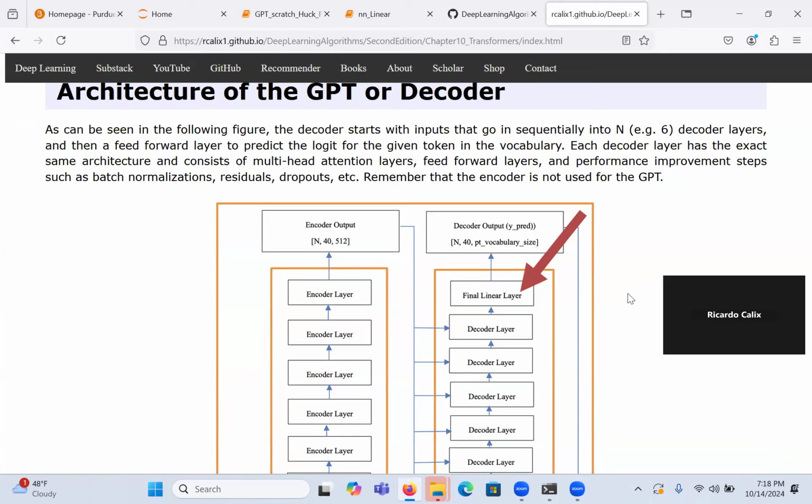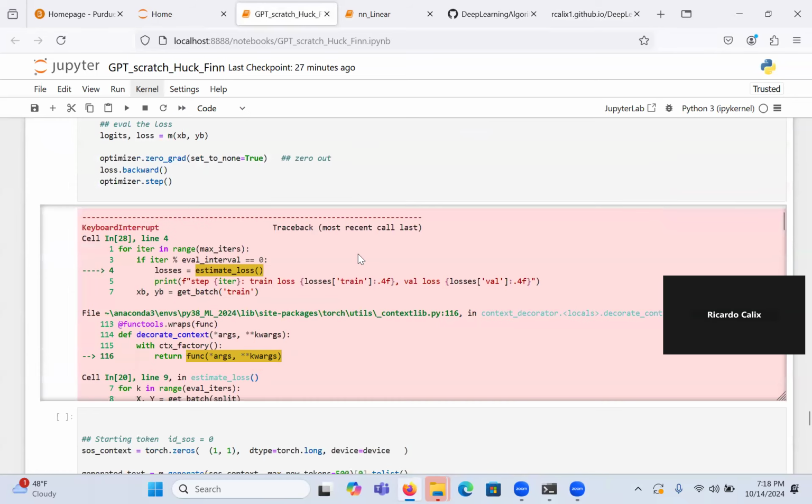So n by 3 by 512 goes in, and out comes n by 3 by 512, and that's basically how it should work. Got it, guys? Yeah, that's a good one. Maybe I'll print that at some point, but that's how it should work.